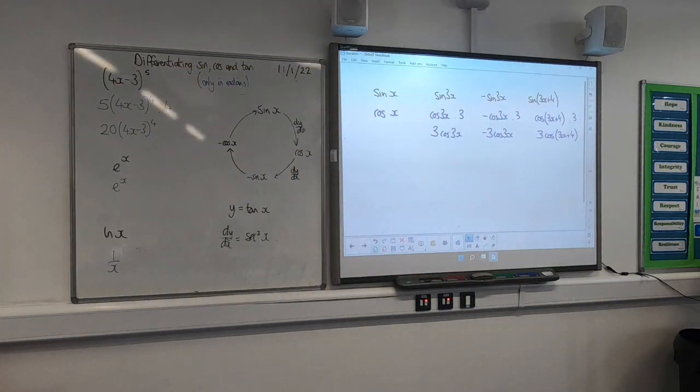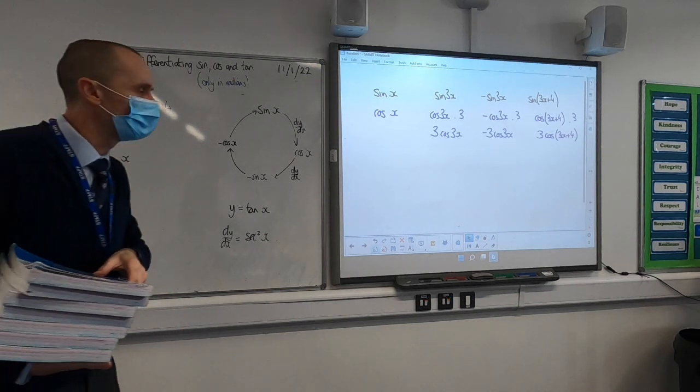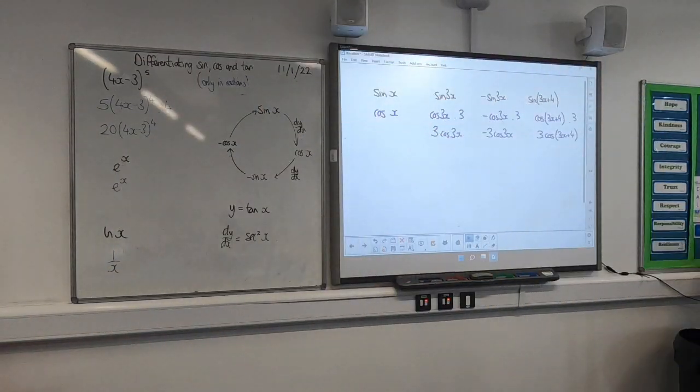So we get this one-size-fits-all approach, whether you're differentiating brackets, e's, logs, or trig: we take the basic differentiation rule and multiply by whatever the function that we're dealing with differentiates to.